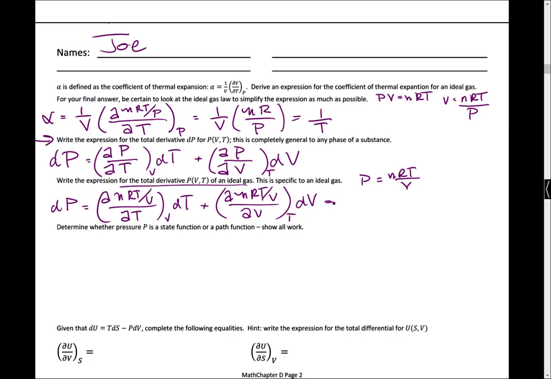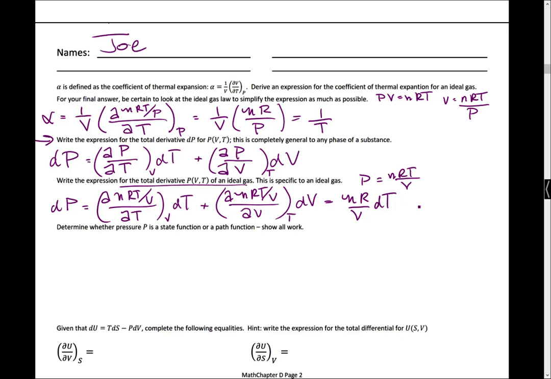Talking this through, pressure is equal to nRT over V. That means I'm going to take the derivative of the pressure with respect to T, and with respect to V. What's the derivative of nRT over V with respect to T, holding volume constant? nR over V dT.